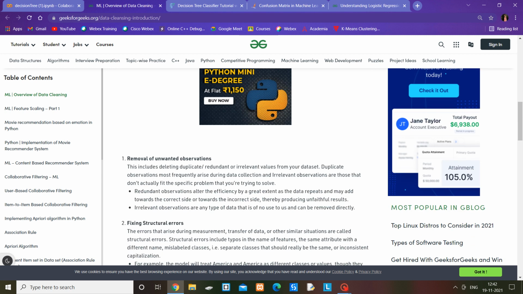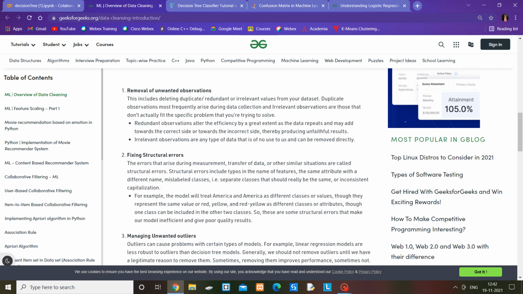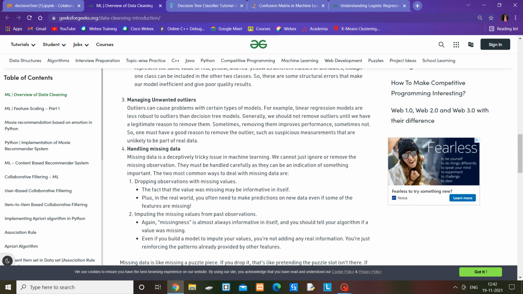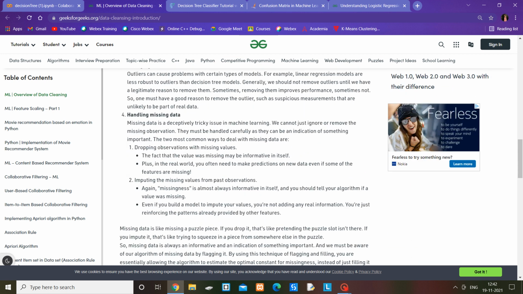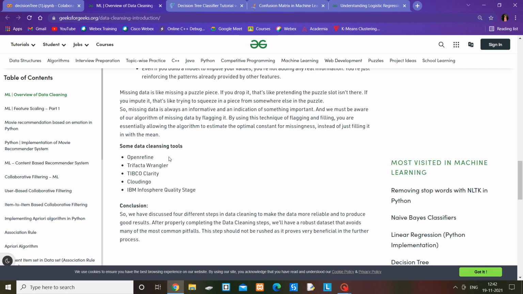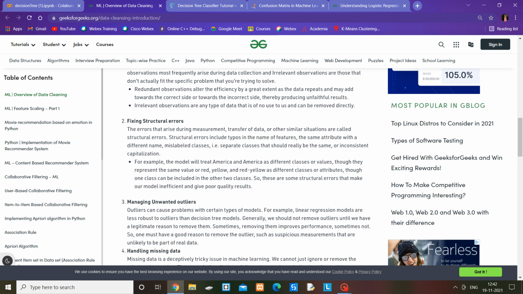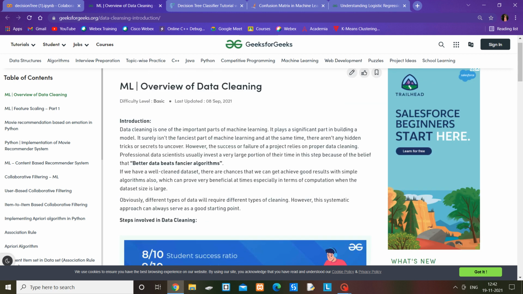We can use some tools for data cleaning, that is OpenRefine, Trifacta, Tableau, Cloudingo and IBM. So these are the concepts of data cleaning.